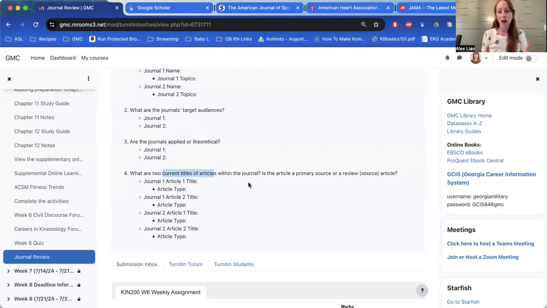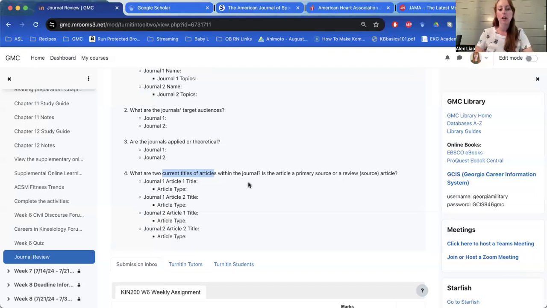And now, current titles of articles. So the articles are kind of like, if you consider this a book, which it is not, but if you consider this a book, the articles are like the chapters. So if you go in, I will be able to read various different types of articles within it. And so the article name is always going to be listed at the very top.